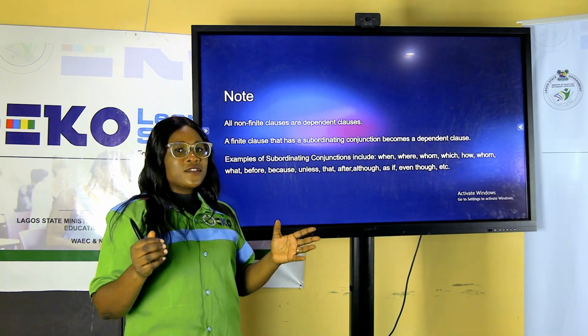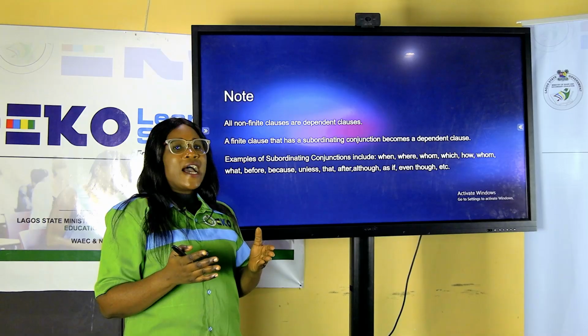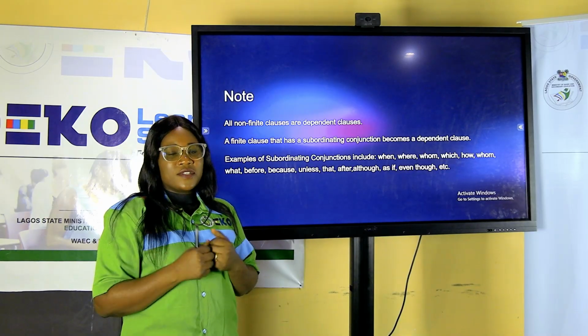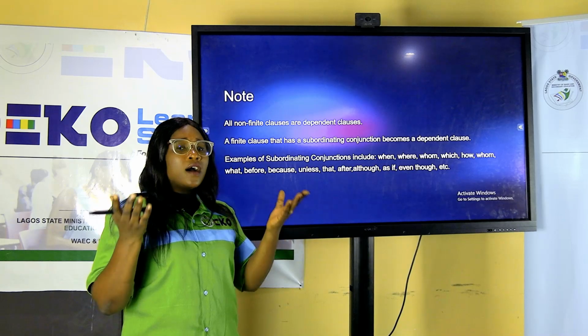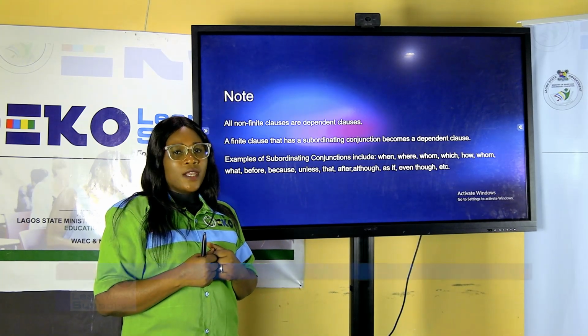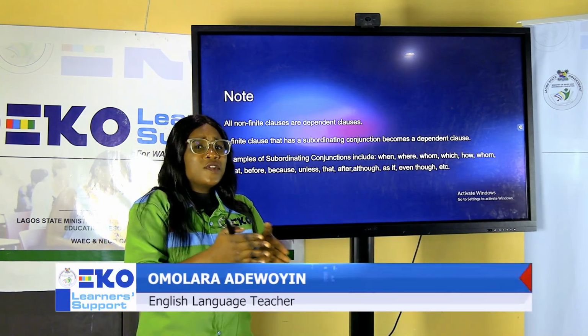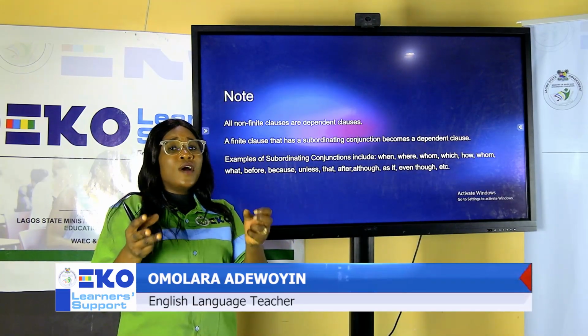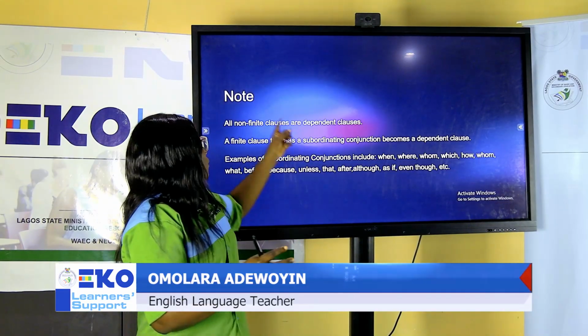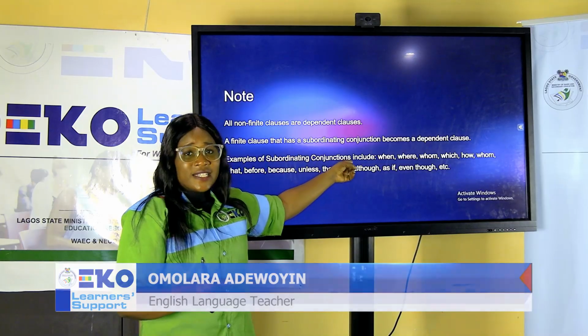How? You have something like, as soon as she arrives. She arrives is an independent clause. And then I add as soon as, which is a subordinating conjunction, to its beginning. What happens? It becomes what? A dependent clause.